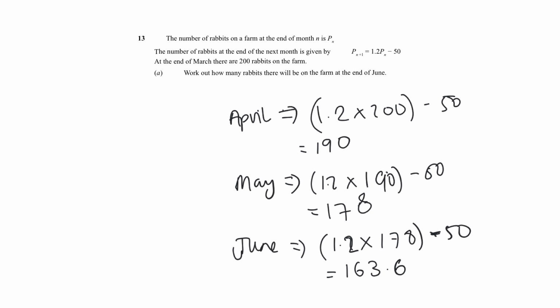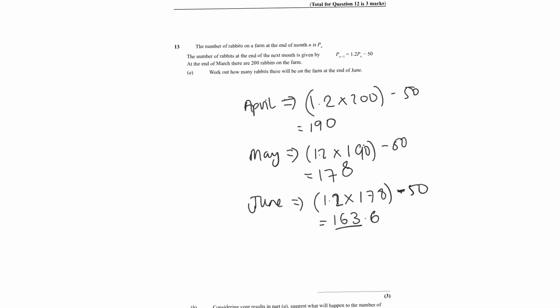So realistically, there would be 163 rabbits by the end of June. So you wouldn't round up because you can't round up a part of a rabbit, if that makes sense. So there would be 163 by the end of June.